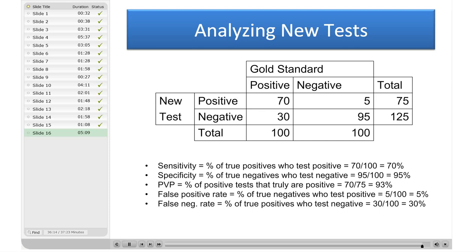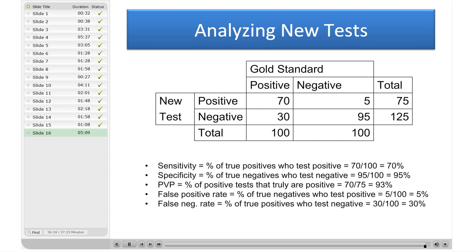The false positive rate is exactly what it sounds like. It's the chance that someone will get a false positive if they don't have the disease. This is pretty straightforward. There are 100 people in this example who did not have the disease, but 5 of those people tested positive anyway. Those are false positives. So 5 out of 100 is 5%, and the false positive rate is 5%.